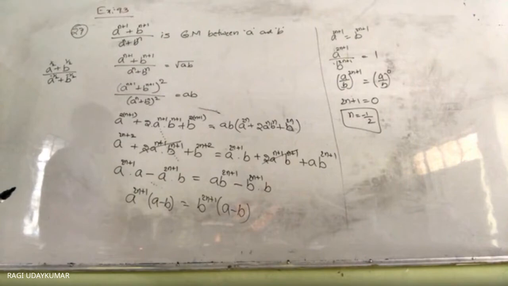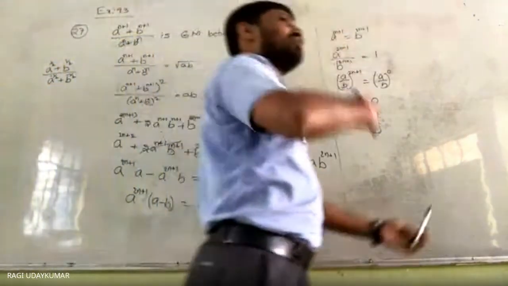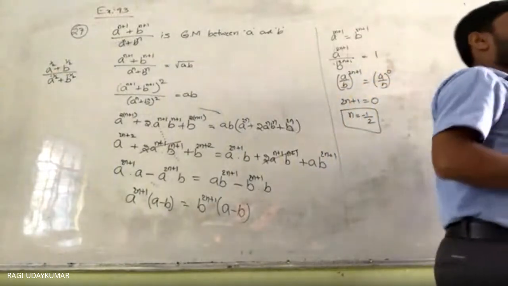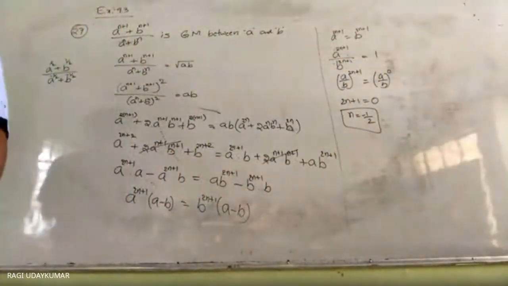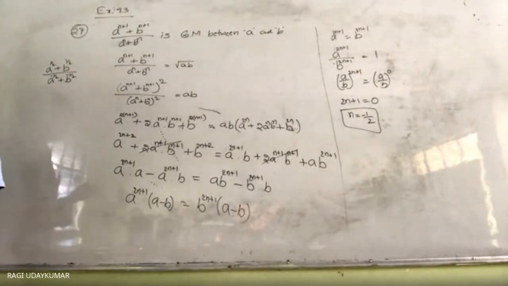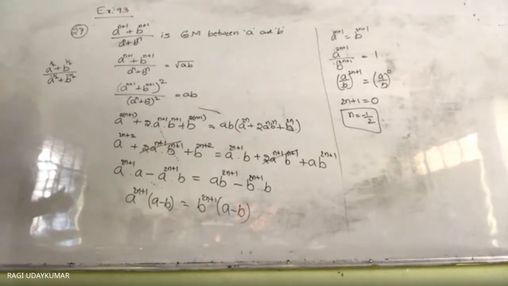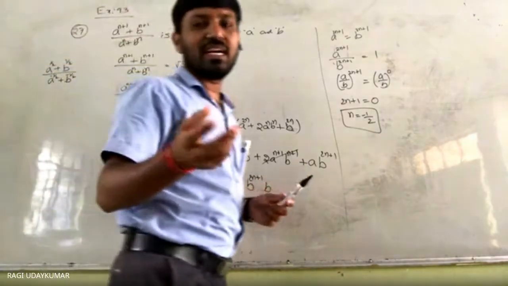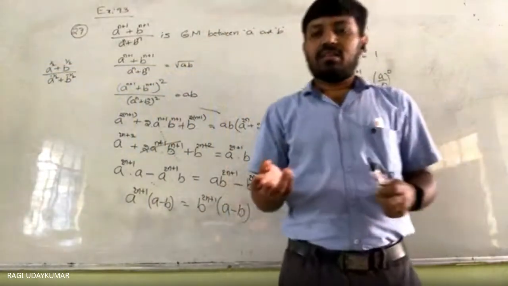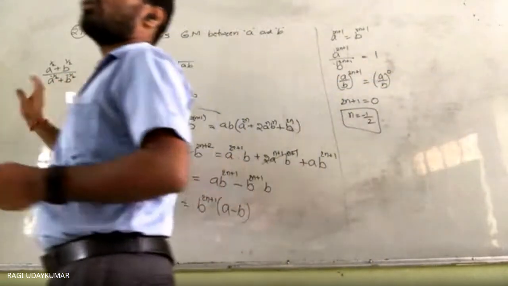Now I am asking: we have solved and extracted the value. Wait, let everyone think. Will this be root ab or not? If it is root ab, then how is it root ab? You try. That is my question. Vedika, can you hear me? Yes, sir. So how is this equal to root ab?